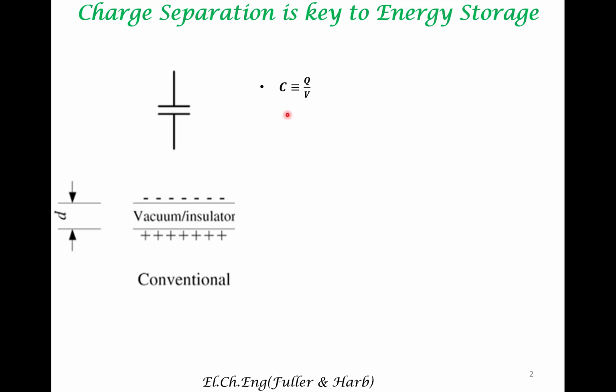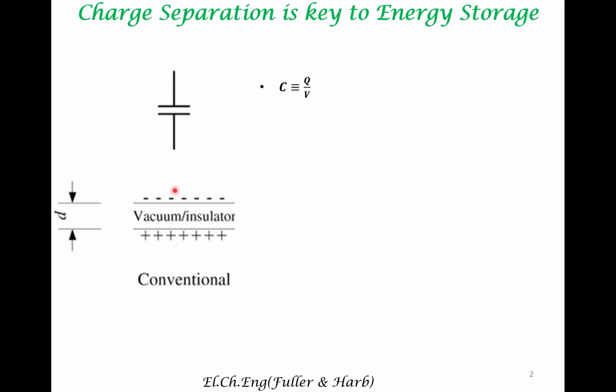So you would have seen that the capacitance is given by the charge that is stored in these plates divided by the voltage difference, potential difference between these two plates.